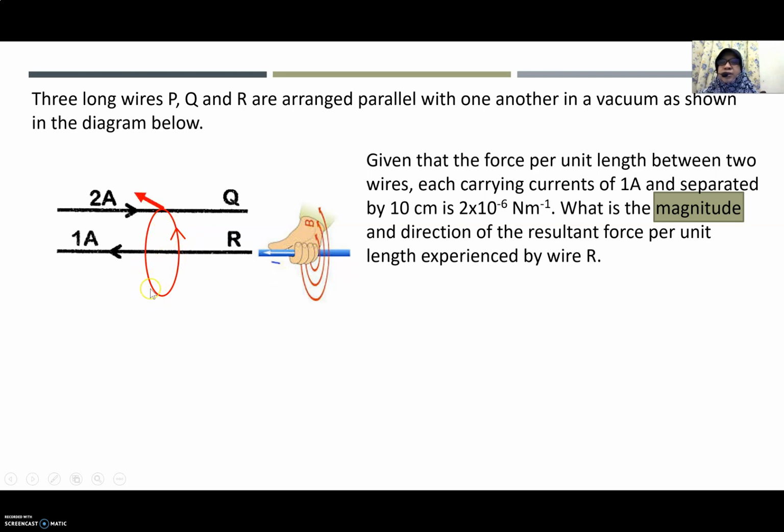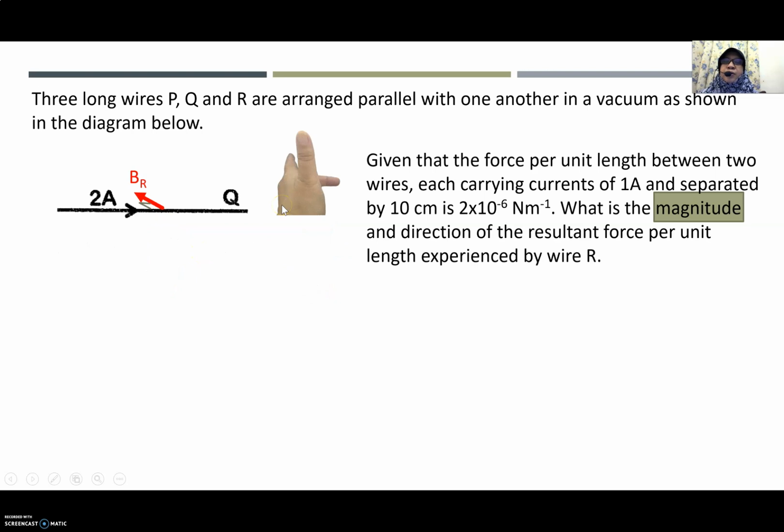You draw the circle which touches the wire Q. The tangent to this point where the circle touches wire Q is the direction of the magnetic field B. We name it as BR because this is the magnetic field experienced by wire Q, and the magnetic field is from wire R.